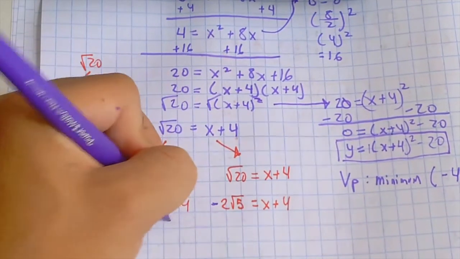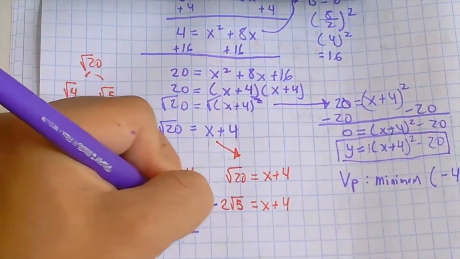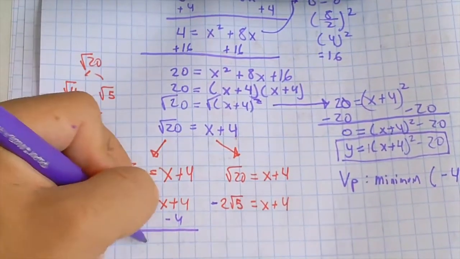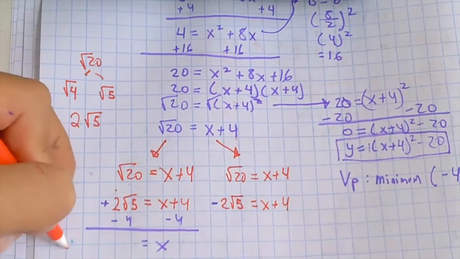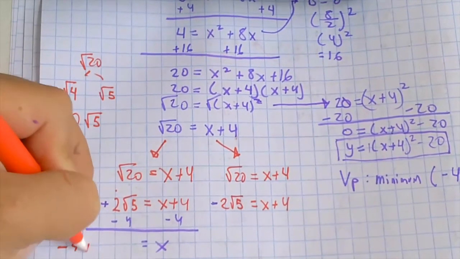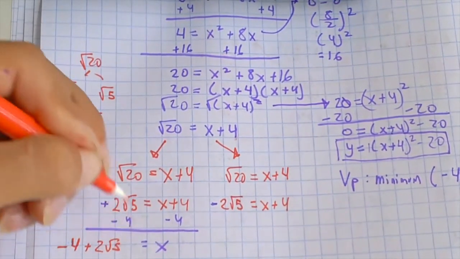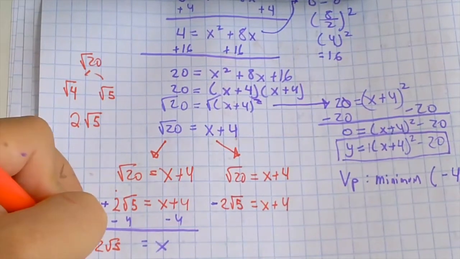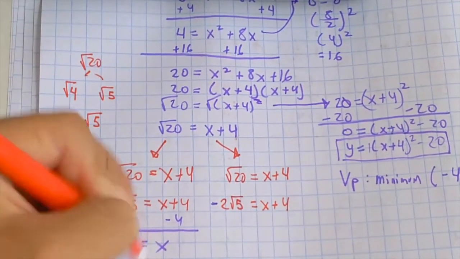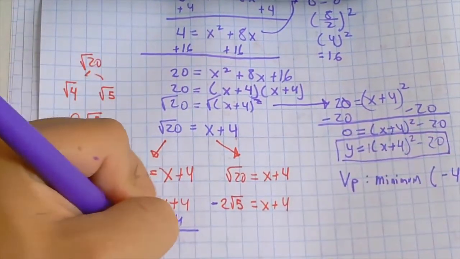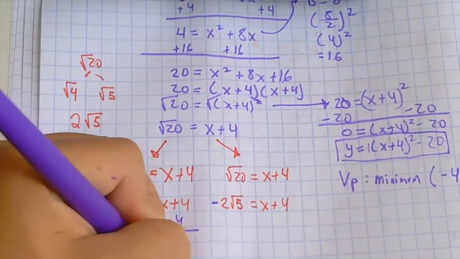And now let's subtract 4 from both sides. x equals negative 4 plus 2 root 5, in which now our point is (-4 + 2 square root 5, 0) as one of our roots.